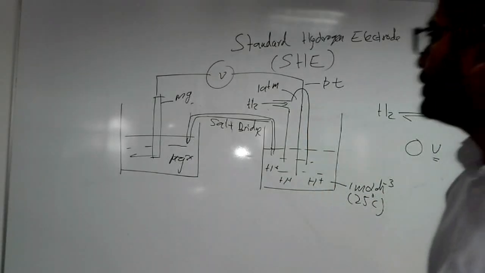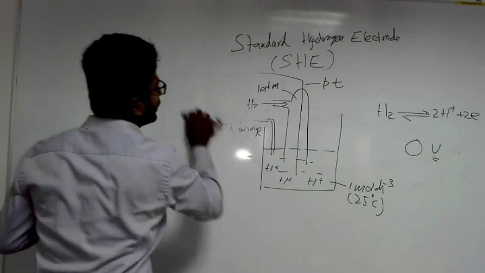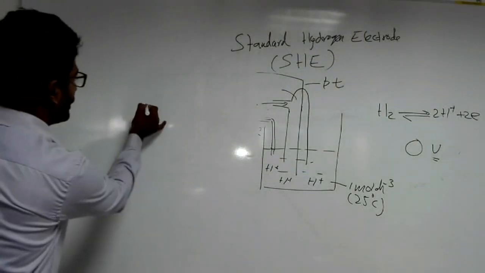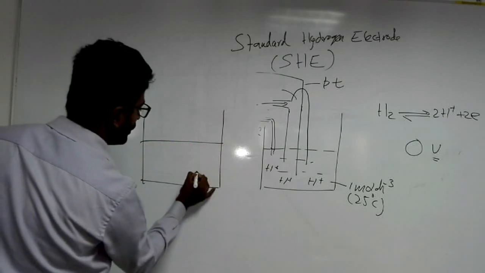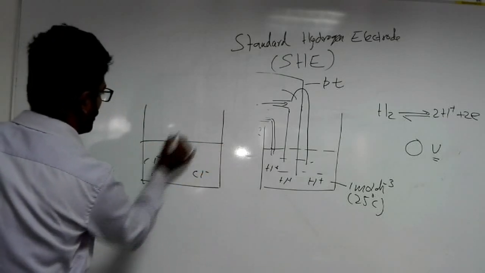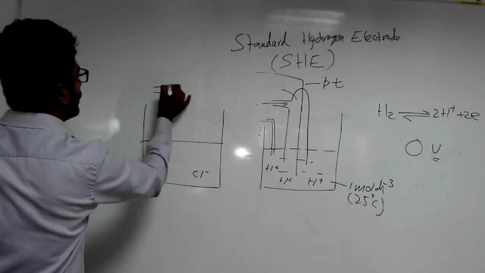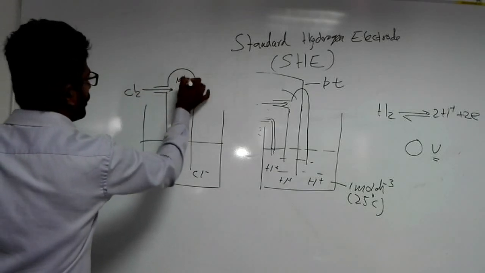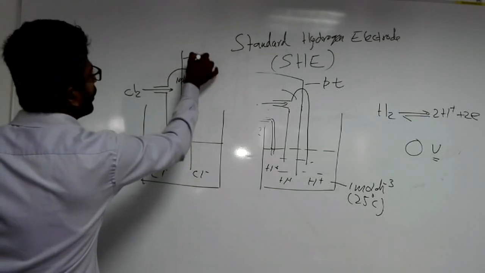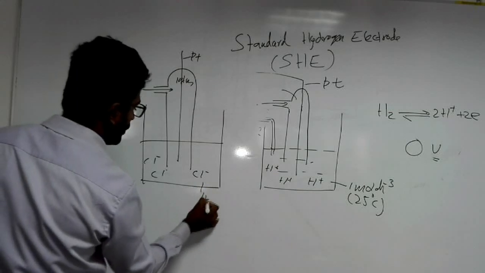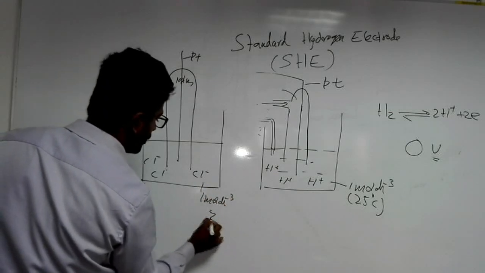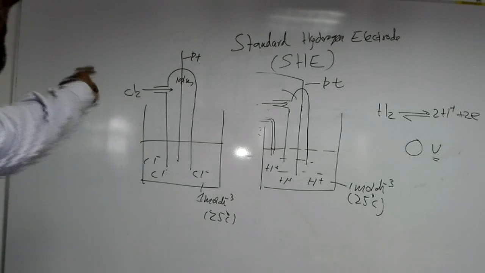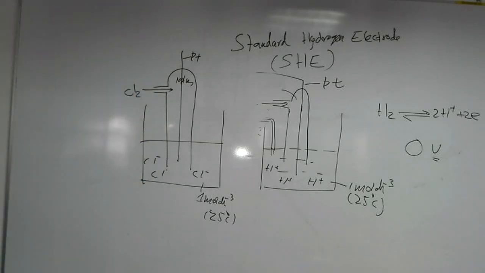So same type, similarly we can use Cl minus solution and Cl2 gas to prepare the chlorine gas electrode.